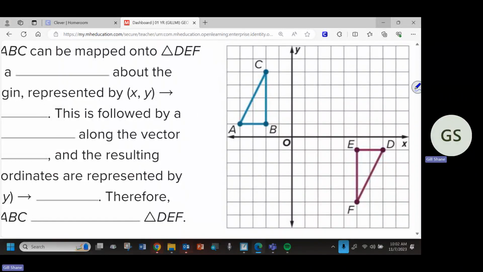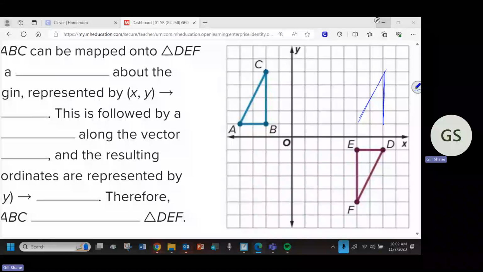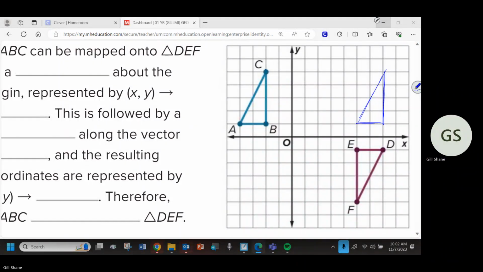Doesn't, right? So C is going to be up here, B is going to be there, A is going to be there. But here's the problem. I slide it over, it's still going to look like that, right? That's what you got to flip. So if I flip that, is that going to match up? It's not, right?